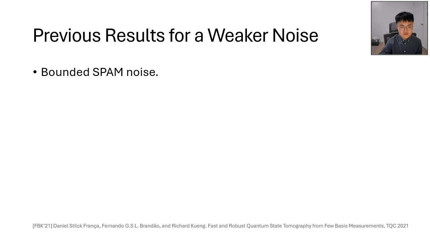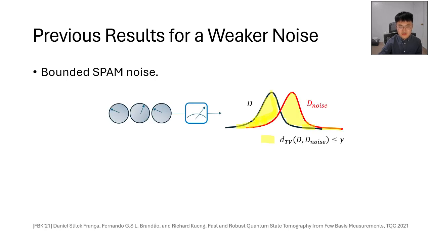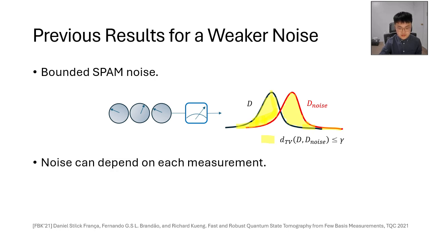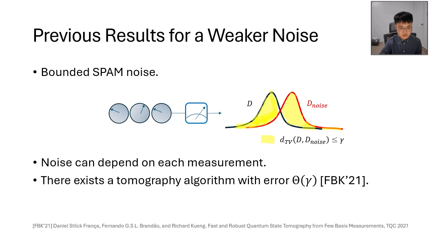So one type of noise people have considered, I'm phrasing it as bounded span noise, essentially says that the effect of state preparation and measurement noise will shift your outcome distribution by a total variation distance of at most gamma. And also this shift in the outcome distribution, or noise, is allowed to depend on each measurement.